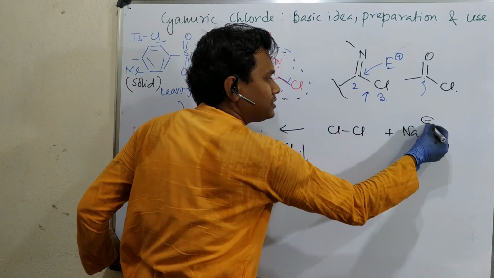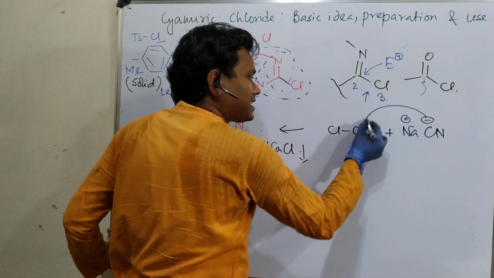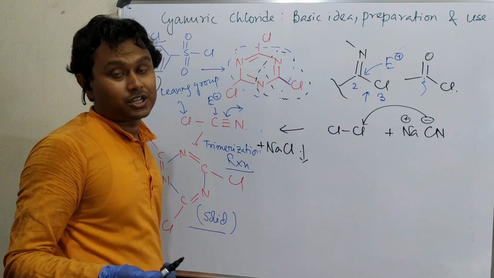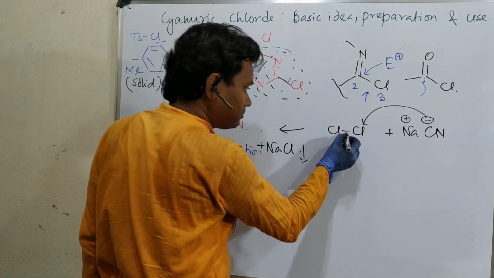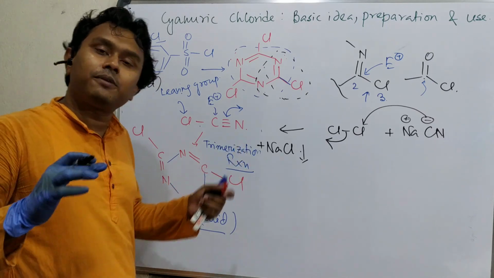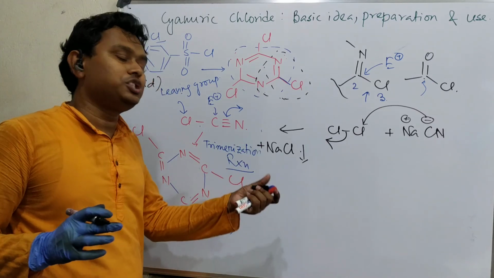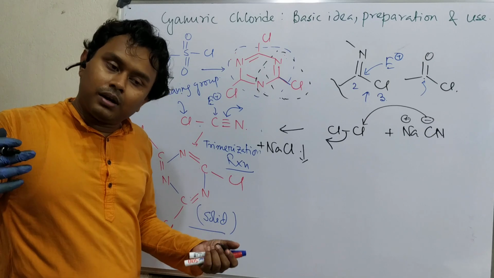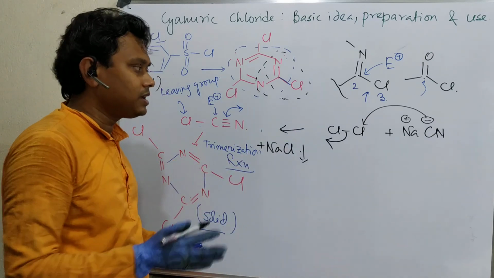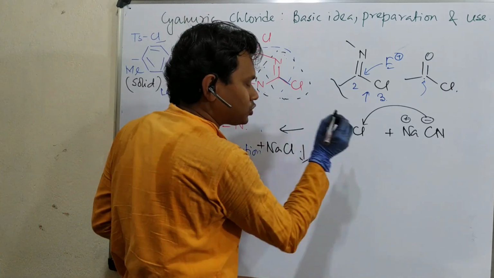See, the cyanide is negative, so it attacks. We know that halogen can act as an electrophile. Remember the Friedel-Crafts reaction, or better to say not Friedel-Crafts, but halogenation of arenes, chlorination of benzene, you can think in this way, not a radical mechanism but electrophilic.